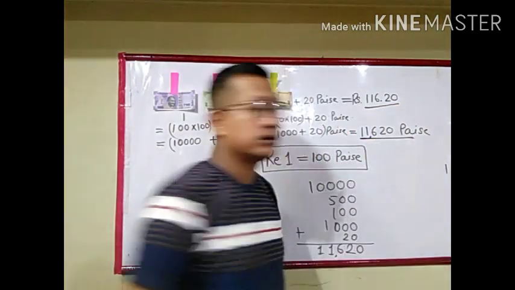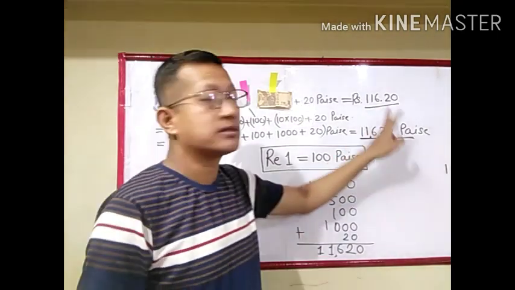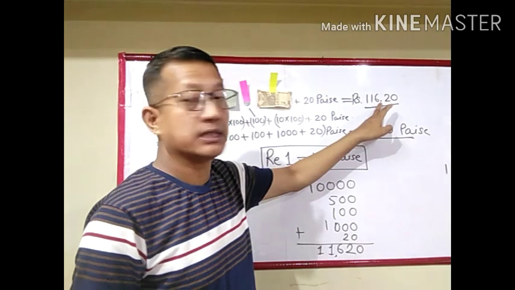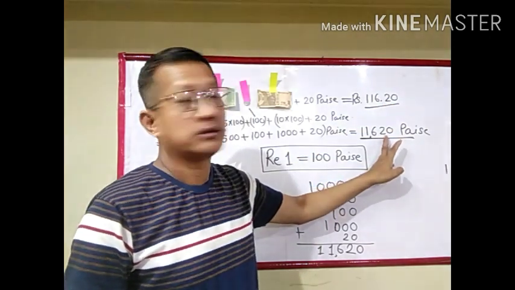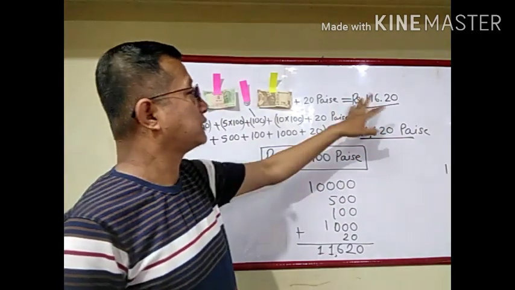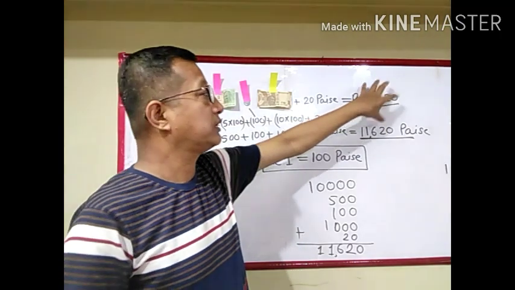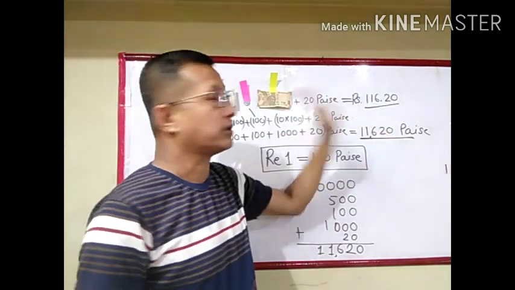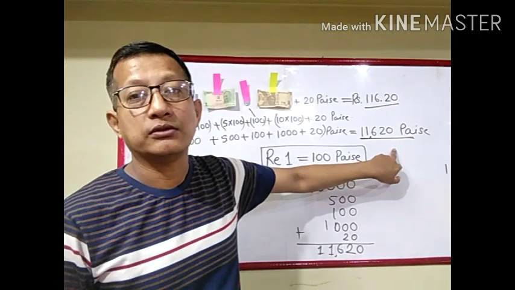They are the same. The only difference is that here the decimal point is before 20, but here there is no decimal point. That means whatever amount you have written in rupees, if you need it in pies, then just remove the decimal point. If you remove the decimal point, it directly converts into pies.